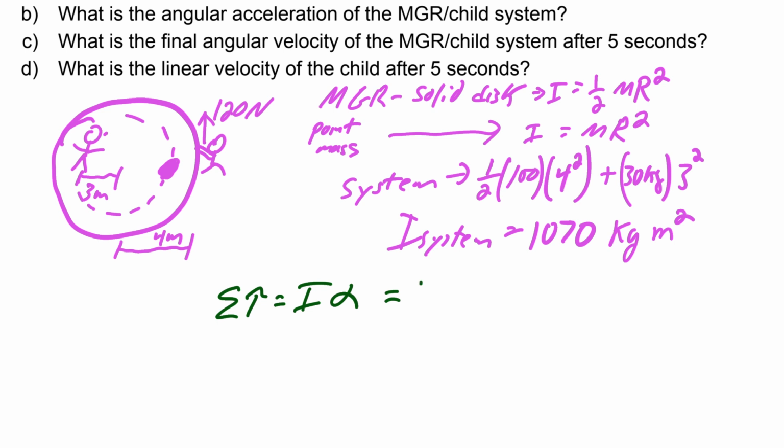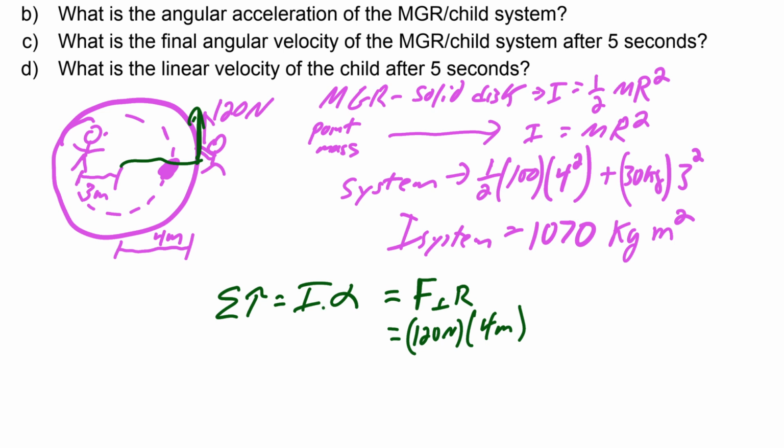So it's going to be the force from the dad, and we're saying it's tangential, or already perpendicular to the radius. Remember, torque is force perpendicular to the radius. So we're going to go 120 newtons, and he's pushing on the edge, so that's 4 meters.